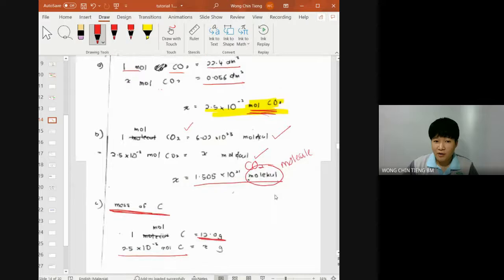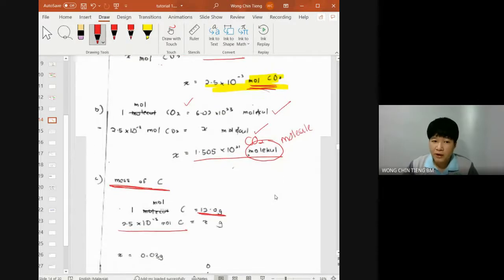So your friend over here lose 1 mark walaupun jawapan betul. Jawapan betul tapi hilang 1 markah. Sebab saya tak tahu yang ni datang dari mana. So before this step, you should have 1 mole of CO2 equals to 1 mole of carbon. Benda ni 1 markah. Walaupun dia 1-to-1 ratio.